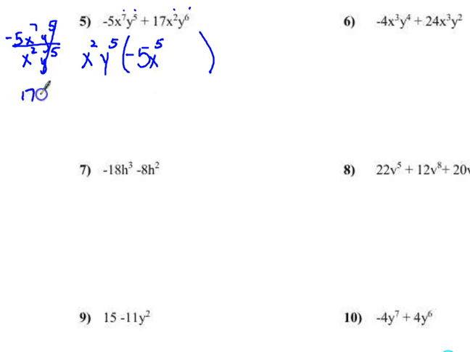Likewise, 17x squared y6. Now this is positive because it's a plus right there. Divide by x2y5. 17 divided by 1, 17. My 17 looks kind of gross there, so I'm going to fix that for us as soon as this eraser gets kind of caught up with us.